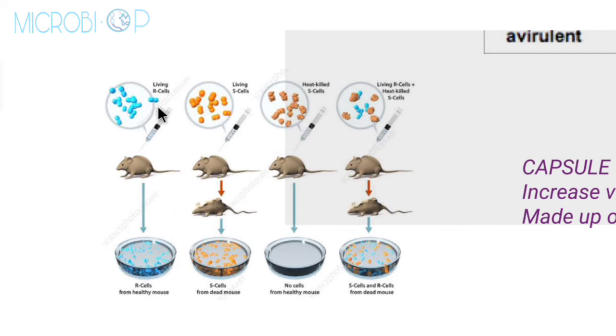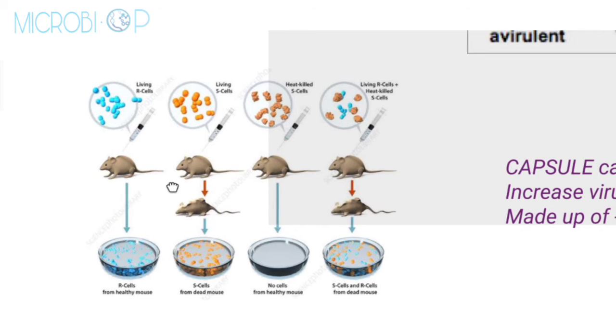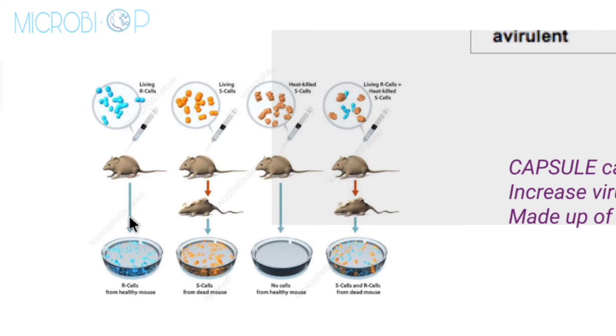Now he took the living R cells. What does living mean? Which can be grown, or that is culturable. He took the living R cells, okay, and injected them in a mouse. And what did he see?